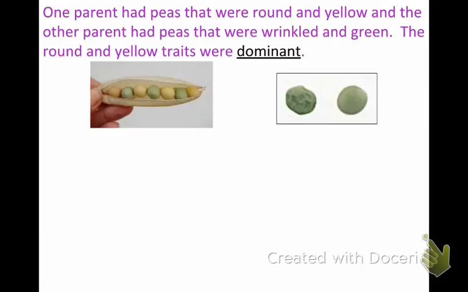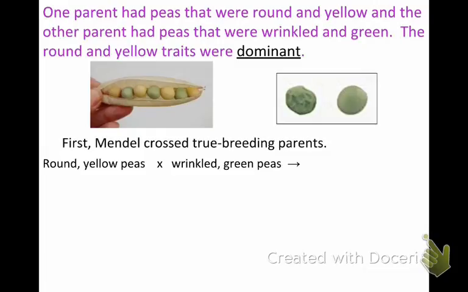So one parent had peas that were round and yellow, and the other parent had peas that were wrinkled and green. The round and yellow traits were dominant. So first, Mendel crossed true breeding parents. Round yellow peas times wrinkled green peas. Okay?